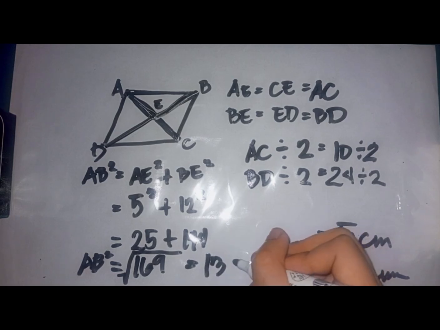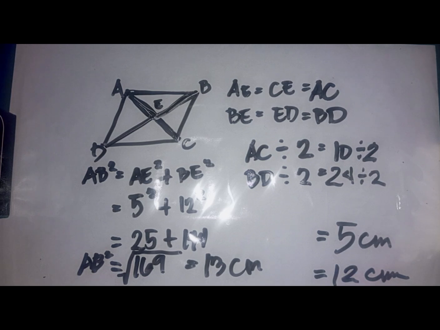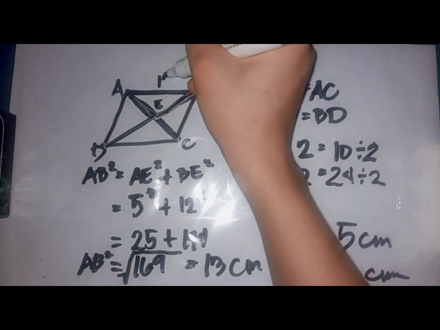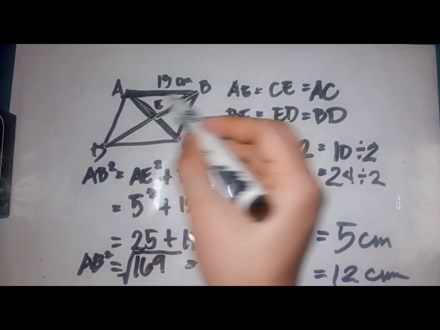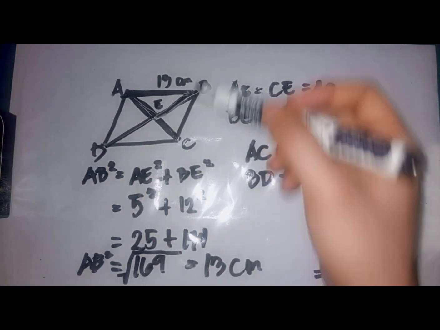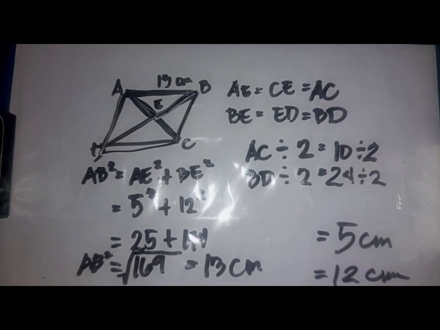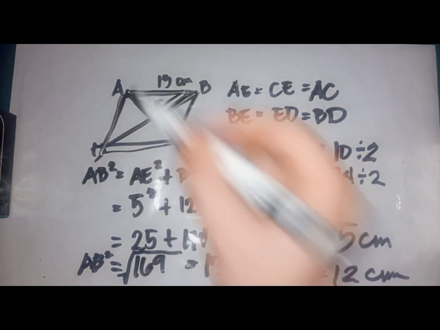It is equal to 13 centimeters. So side AB is 13 centimeters. A rhombus has equal sides, and since AB is a side of the rhombus and all sides are equal, we're good. And angle AEB is 90 degrees, so the diagonals intersect at a right angle.